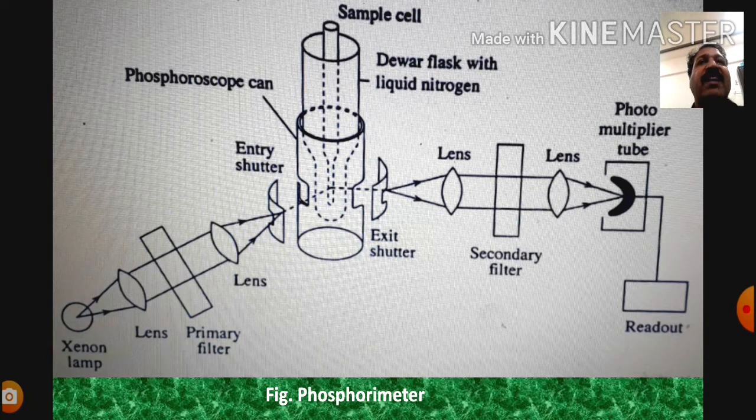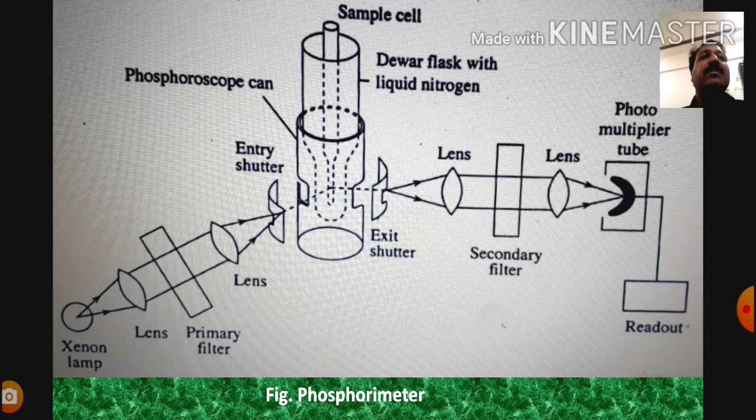First, the light from the xenon lamp passes into a primary filter which allows only the UV light to pass through and fall on the sample. The sample shell of fused quartz is kept in liquid nitrogen in a Dewar flask, which is at a temperature of about minus 196 degrees Celsius.